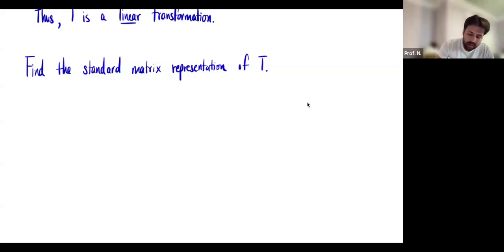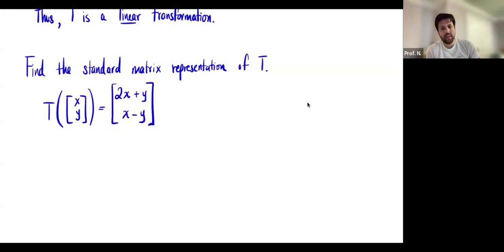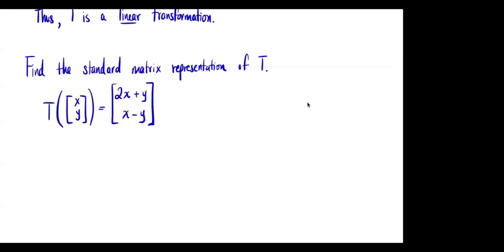So how would we find it? Or how does one find the standard matrix representation? I think it's 2, 1, and 1, -1. Good. Right?